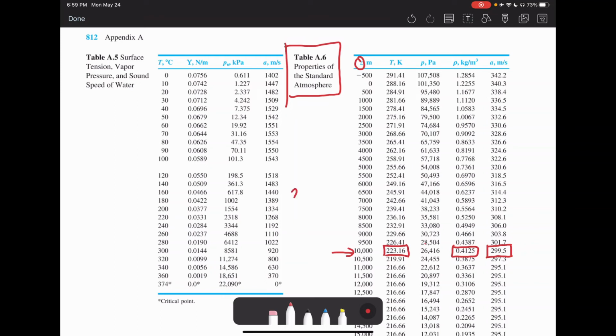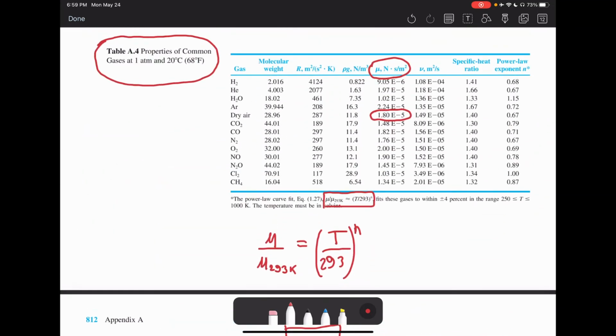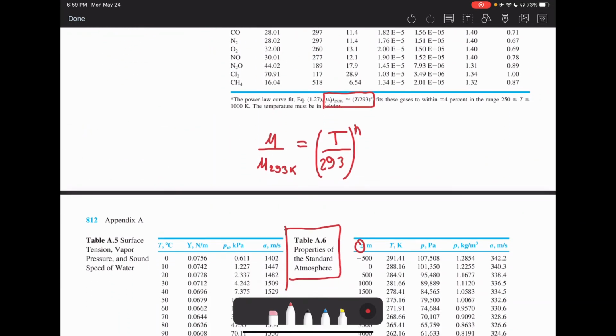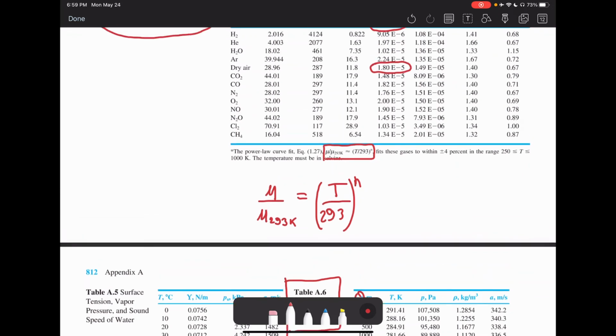Okay, 20 degrees Celsius is 293 Kelvin. We see that at 10,000 meters, we have 223 Kelvin. So a big difference. So we need to take this difference into account by applying this correction factor to the system. So we have that value.